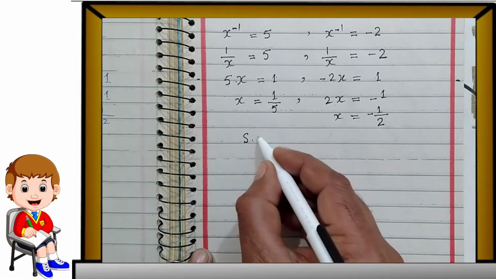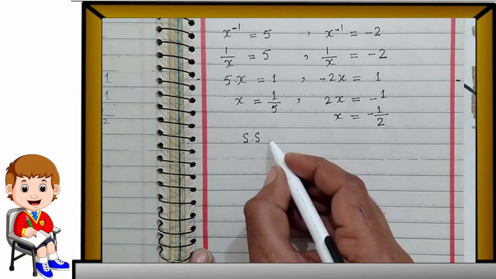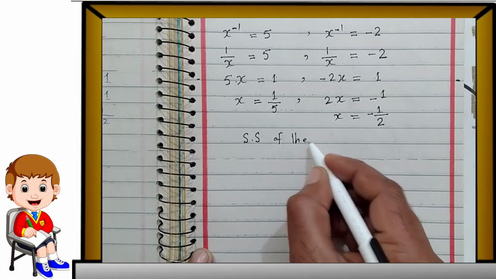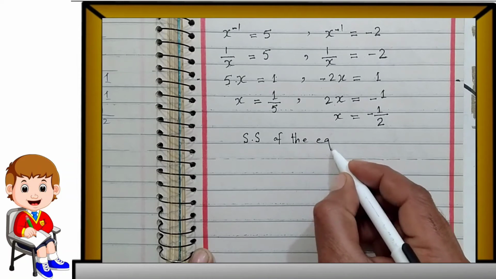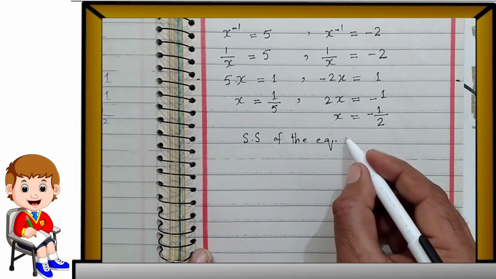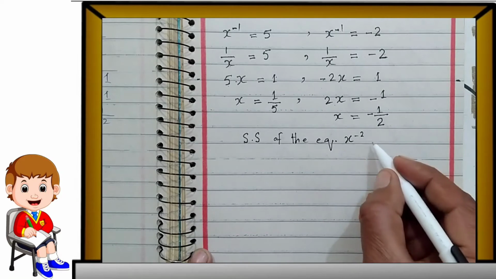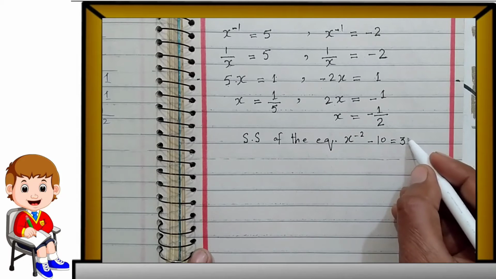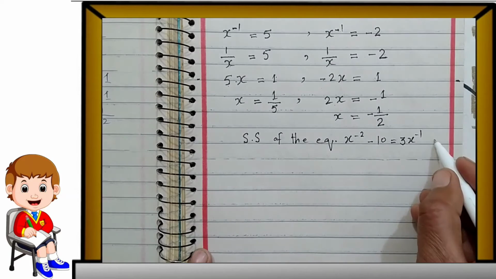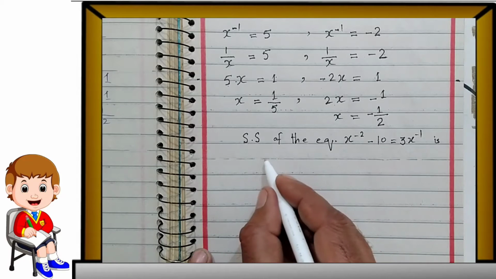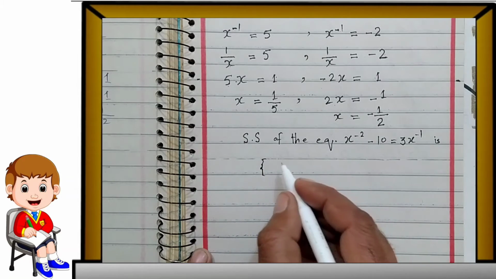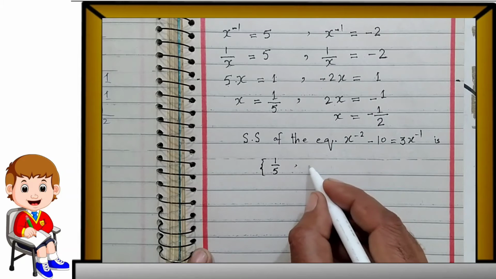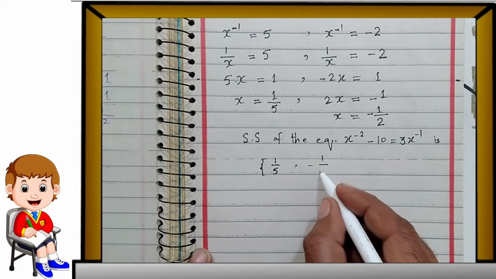So here our solution set of the equation x raised to minus 2, minus 10, is equal to 3x raised to minus 1 is given as: now we write the solution here, that is 1 over 5 and minus 1 over 2.